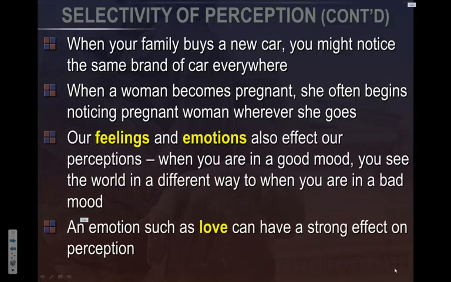So your family buys a new car, and driving around you might all of a sudden notice, hey, look, there's a car like ours. Hey, look, there's my car again. Whereas 3 weeks before that, you wouldn't have noticed those cars, right? You buy a brand new, gorgeous jacket, and you walk into Polo Park, and you see somebody with the same jacket. Whereas 2 weeks earlier, you wouldn't have cared about that person.